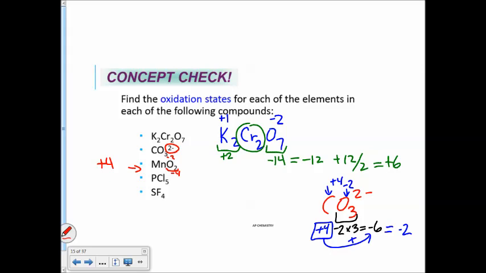Now, as you see in the PCl5, that's phosphorus pentachloride. That's a covalent compound, right? Okay, covalent compounds are like, what are charges? No, remember, these are oxidation states, just a number assigned to keep count of the electrons. In this case, the Cl's in the second part of the compound.